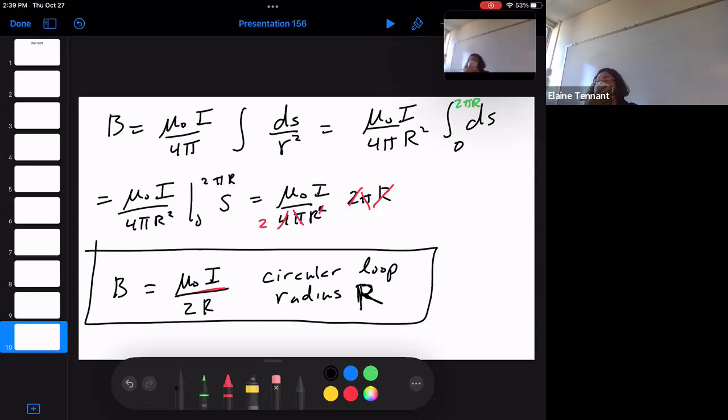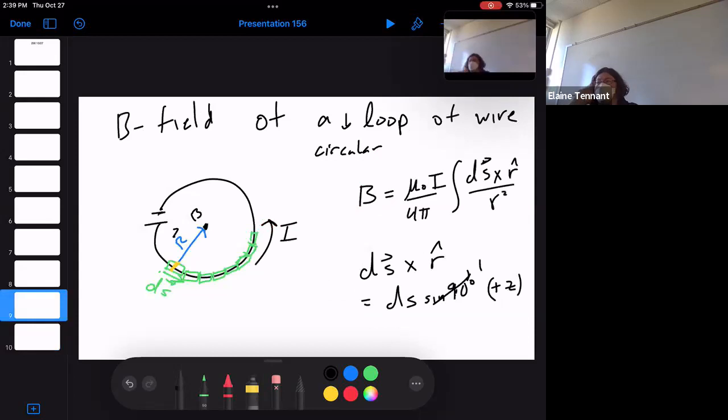A few things. Note that was an easy integral to do. Magnetic fields like loops, they're much easier to do. Next, the direction here, we got that it came out of the page. If my current was the other direction, it would go into the page. There's another right hand rule you can use where you take your right hand and curl your fingers around in the direction of the current and point your thumb.